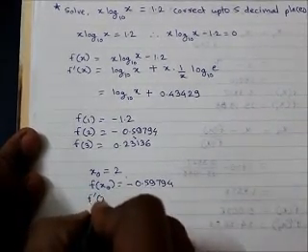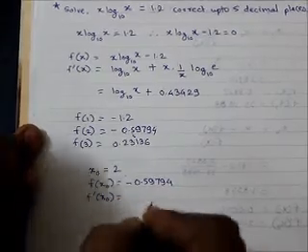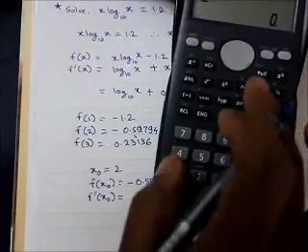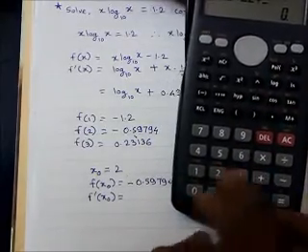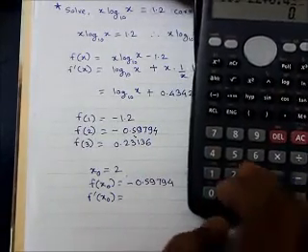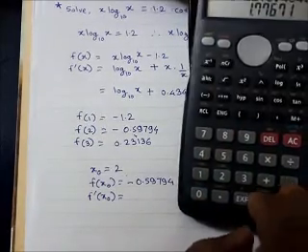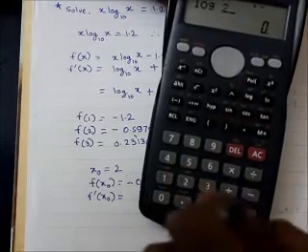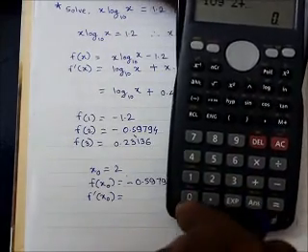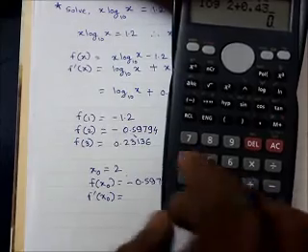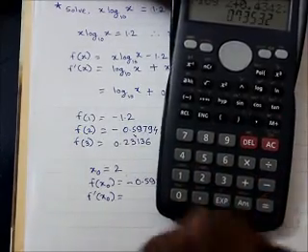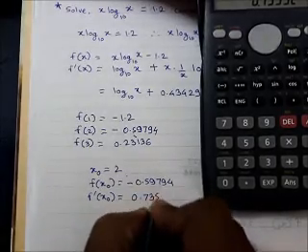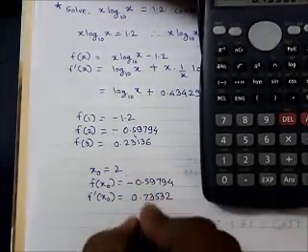Okay, f dash x0 is equal to log to the base 10 of 2 plus 0.43429, that is 0.73532.